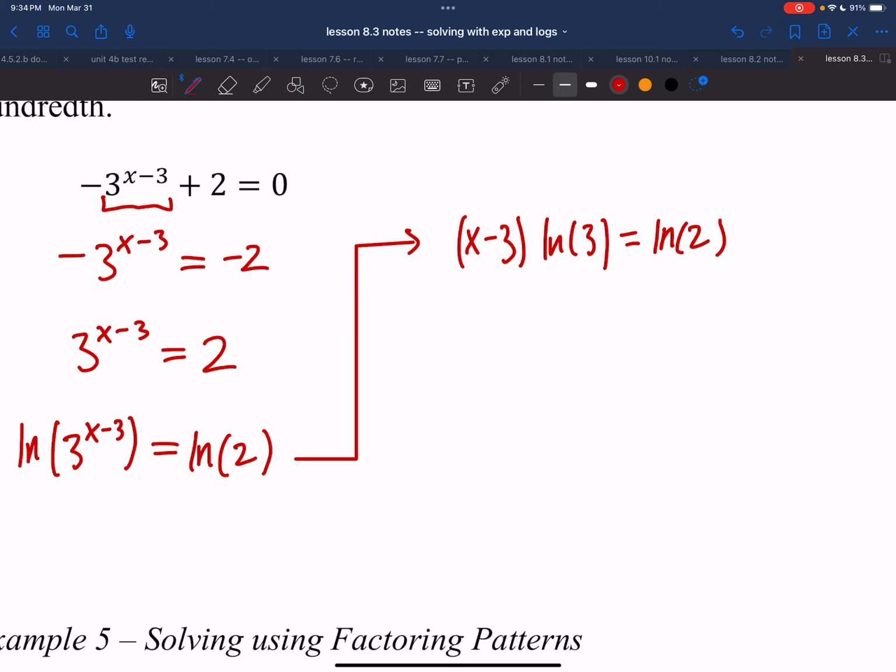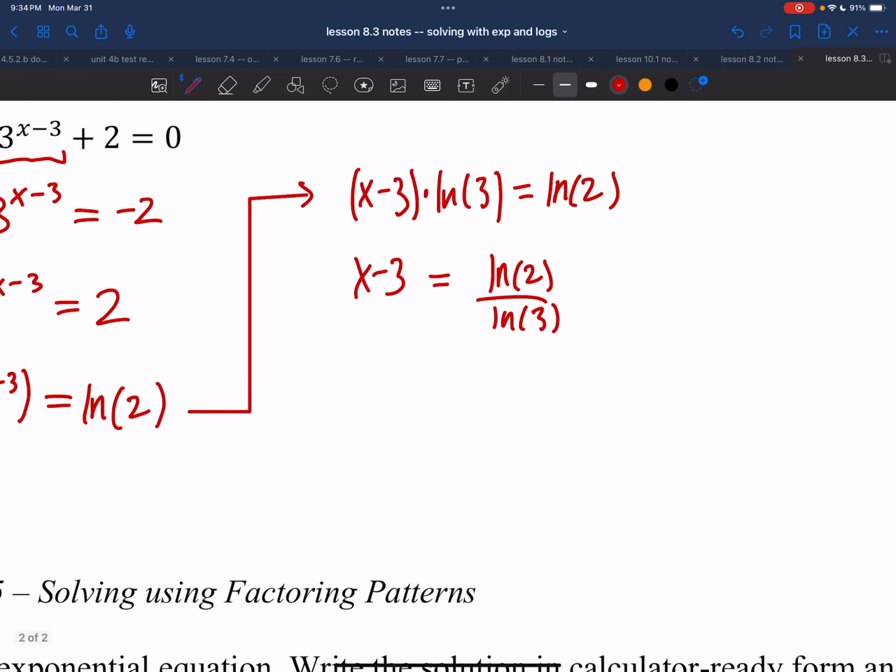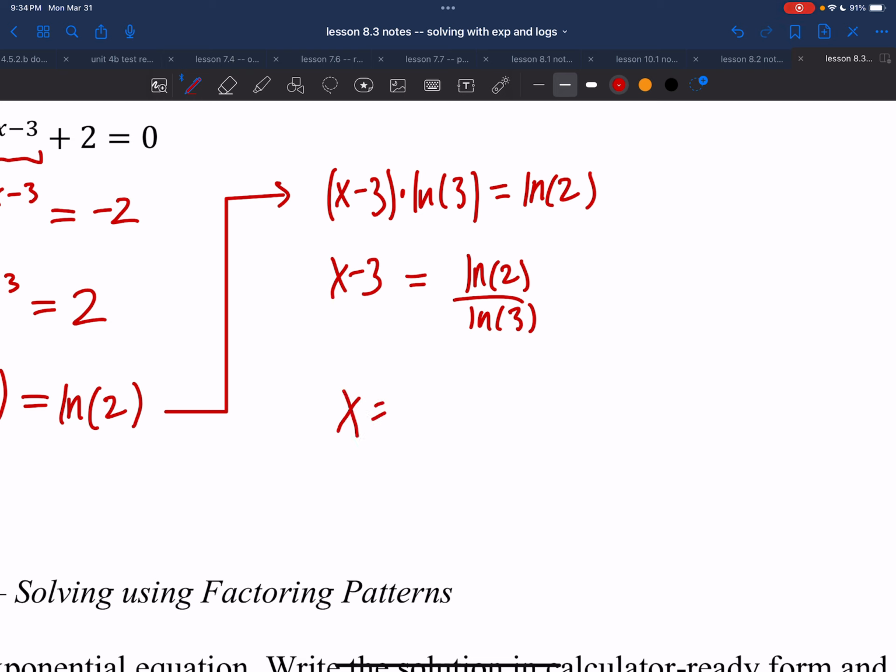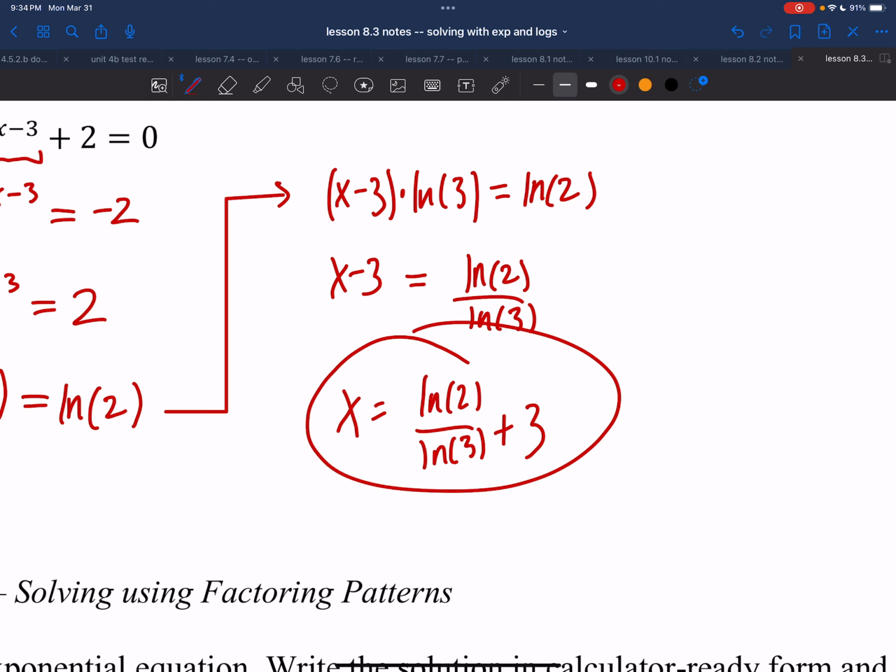And then that's nice because now it's multiplied with natural log 3, which means the expression x minus 3 can be isolated by dividing both sides by ln 3. Thus, x can be solved by adding 3. And so this is my answer. Natural log 2 over natural log 3 plus 3.